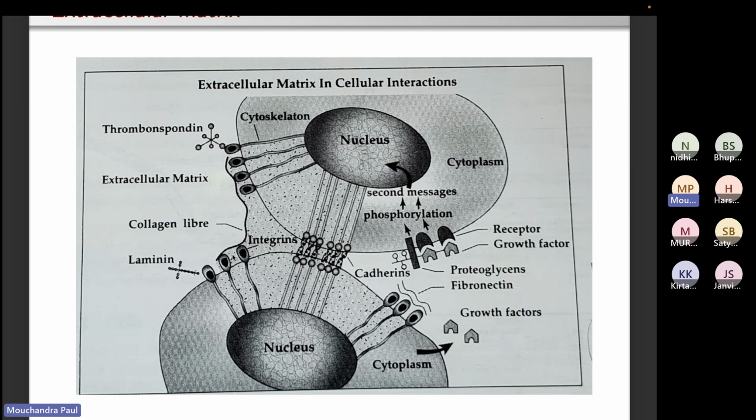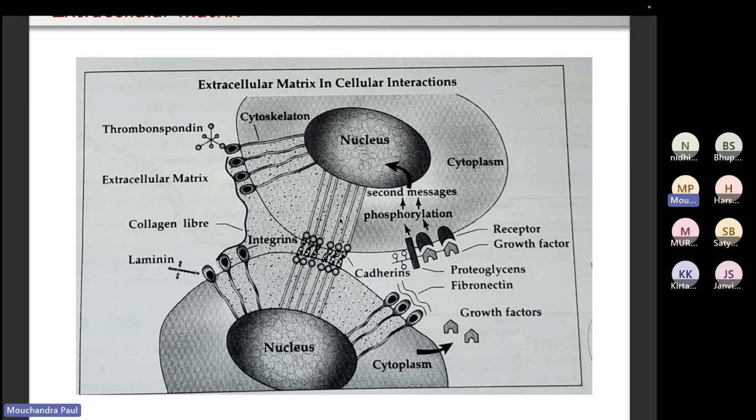Through these integrins, you can see that this cell is interacting with the collagen fiber present in the ECM. This integrin is interacting with the fibronectin fibers. Then there are proteoglycans. So this kind of interaction is happening with the ECM via the receptors called integrins.